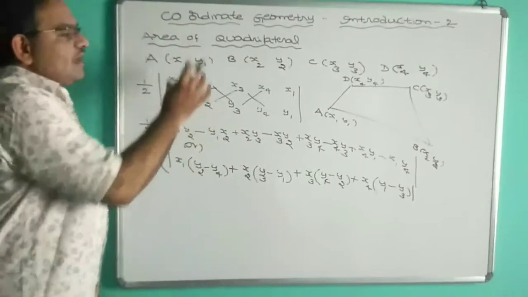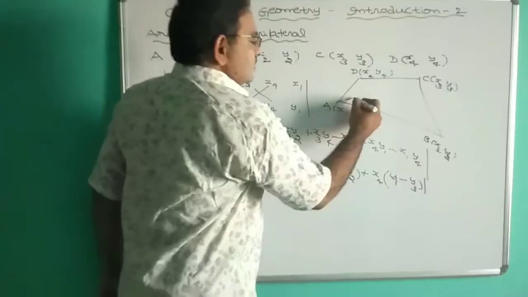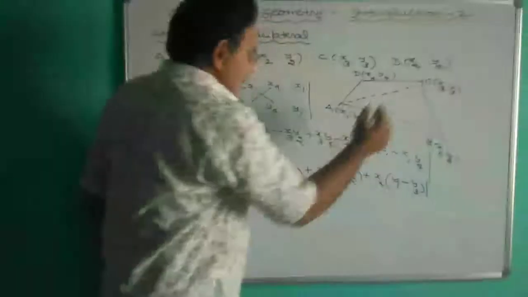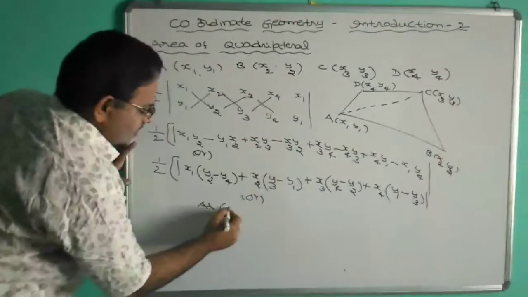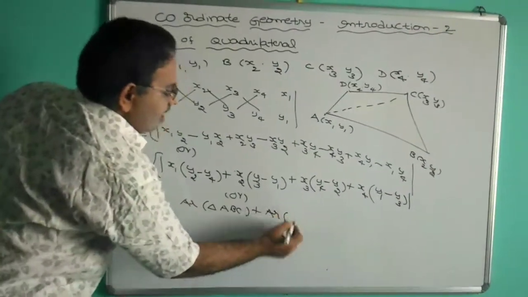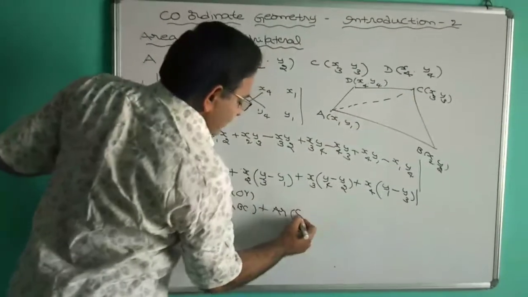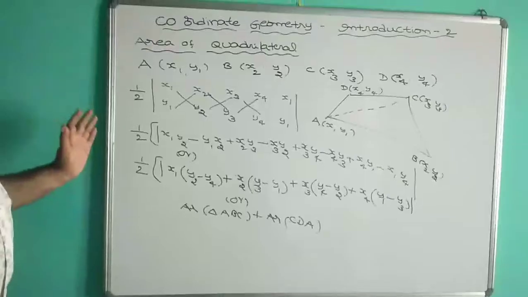This is the area of a quadrilateral. Otherwise, if you find the area of triangle ABC plus the area of triangle CDA, this also gives you the area of the quadrilateral.